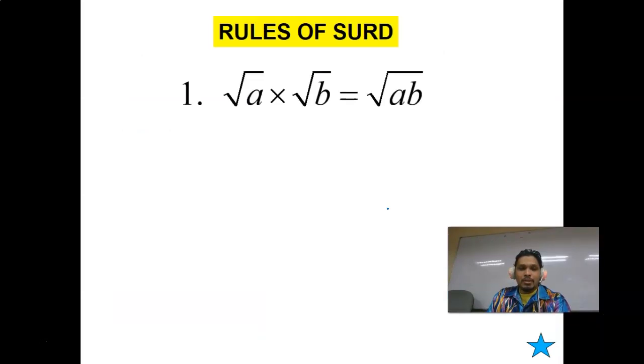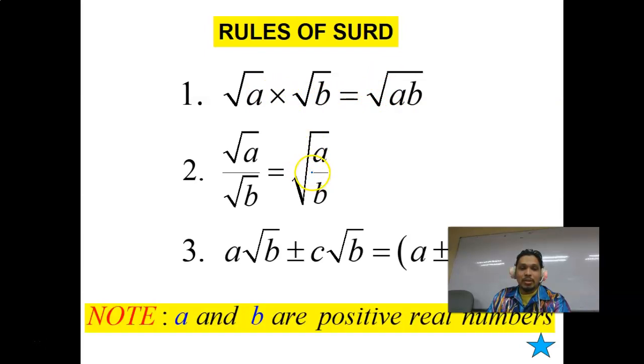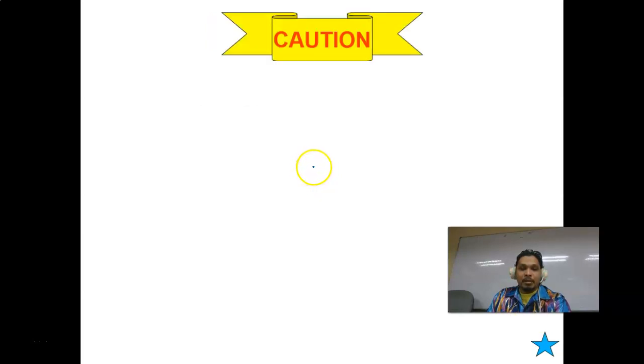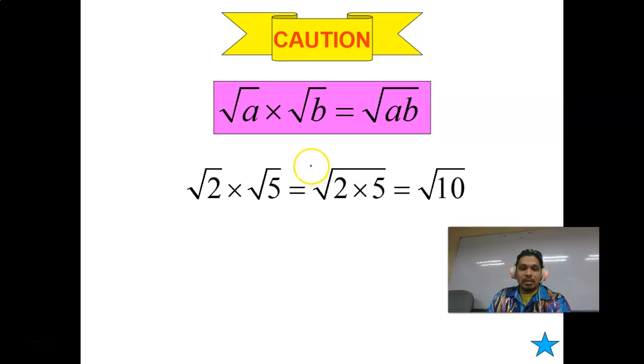So, rules of surds, please refer to this one here. Square root of a times square root of b equals square root of a times b, and the same thing with this one here, where a and b are positive real numbers. Please be cautious here.